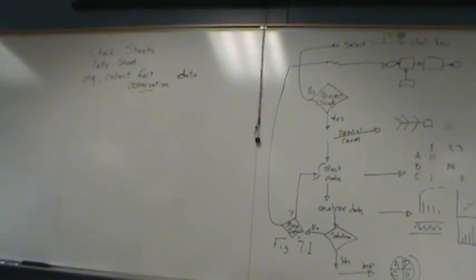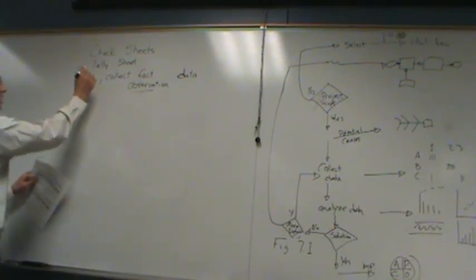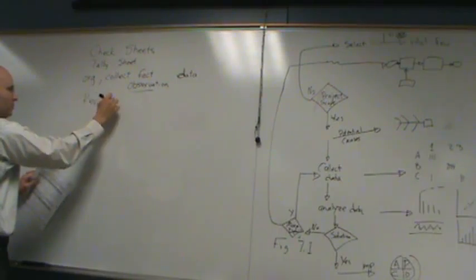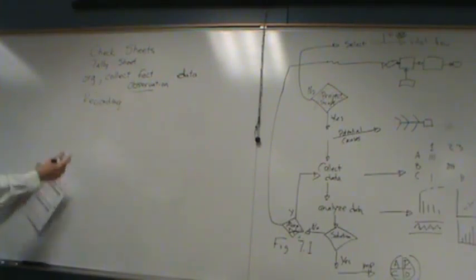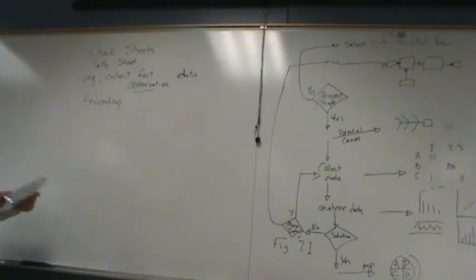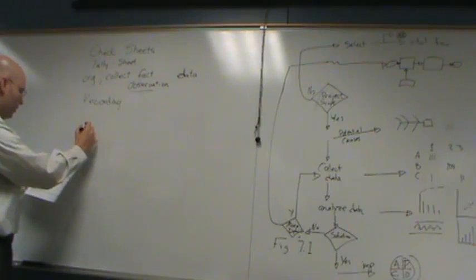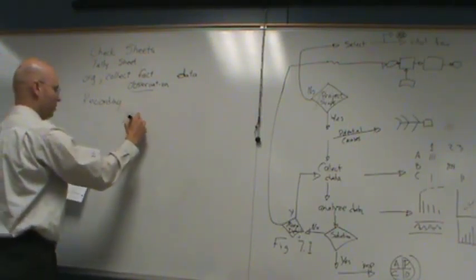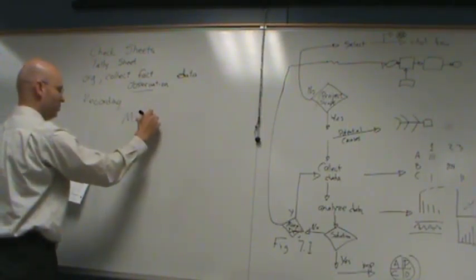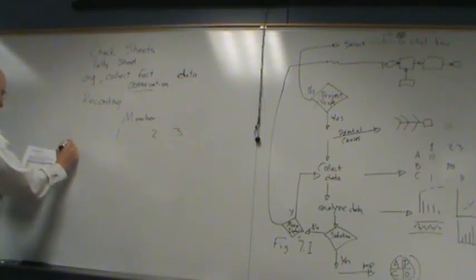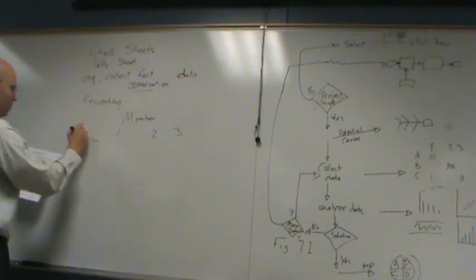All right, so the other thing I wanted to add with this is that another term of this is just a recording sheet, which is basically what I just had on the board, except it's a little bit different. In this case, you can have, for example, the members of a team.